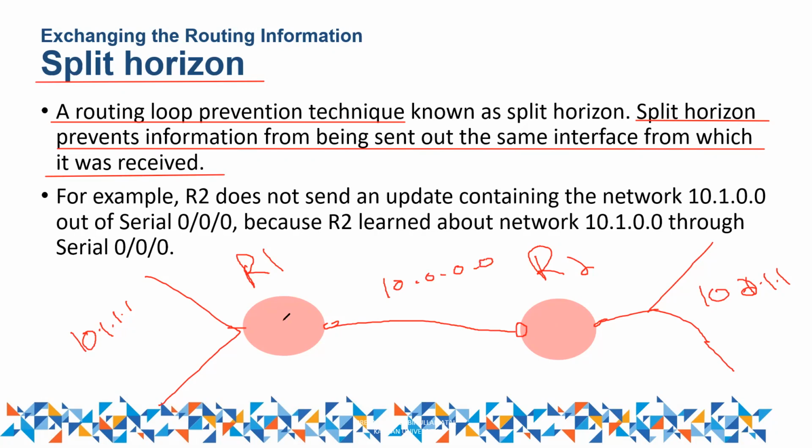Okay, so R1 knows about this network and this network, okay?